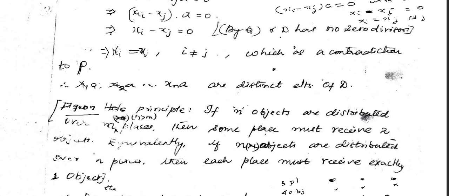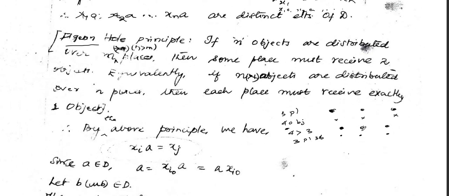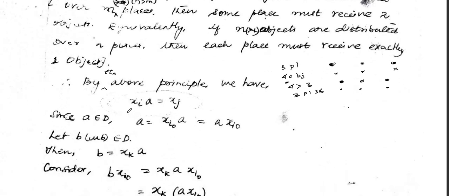You imagine them to be the holes, and now you are putting the objects x1a, x2a and so on there. That means each one will receive exactly one object. So that is why we have xia equal to xj.